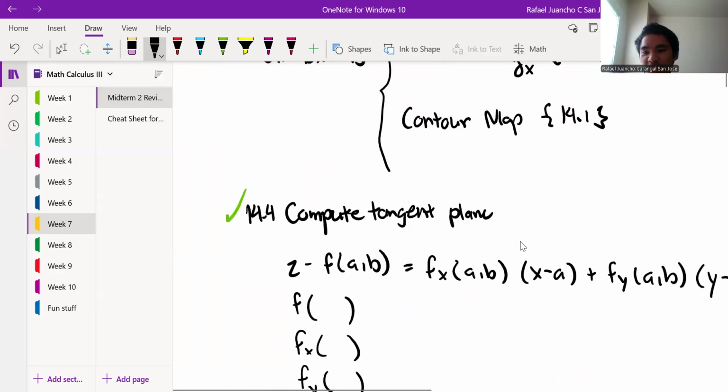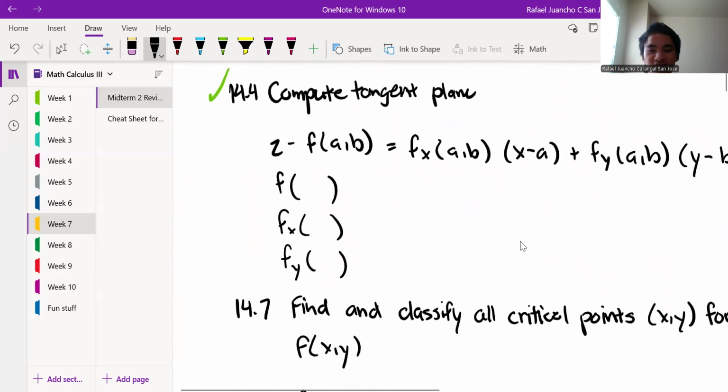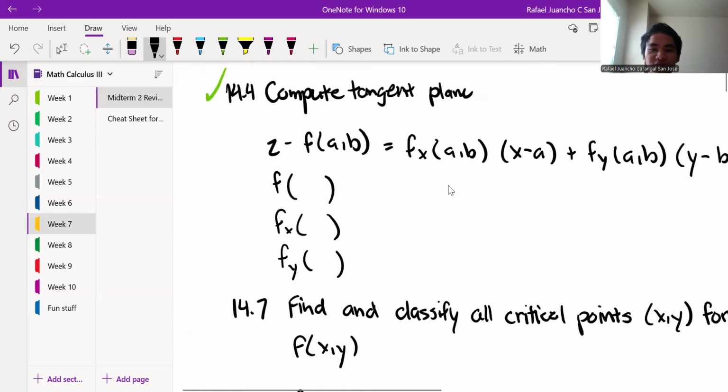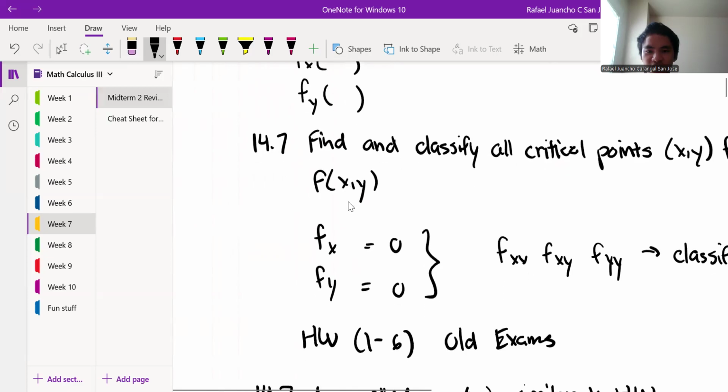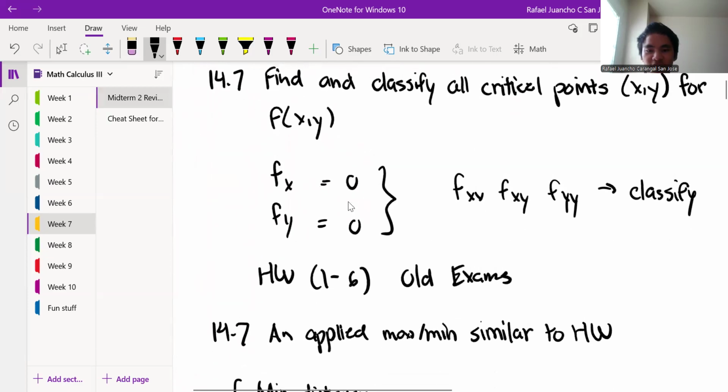It was just computing a tangent plane and then finding some derivatives to go along with it. Bottom line, that was it. So we're not going to focus on it. I'll try to be as fast as possible with my review here.